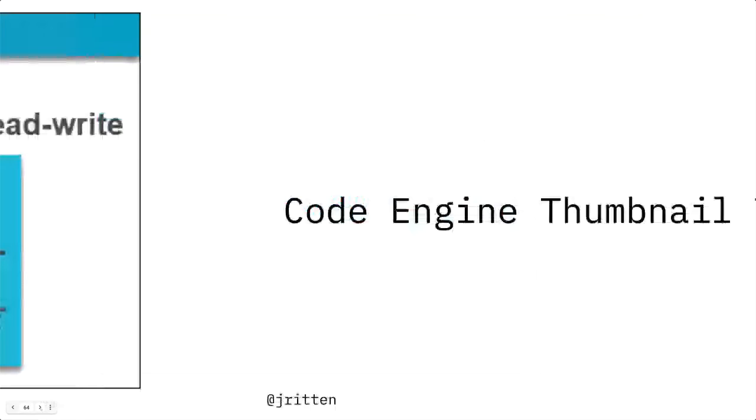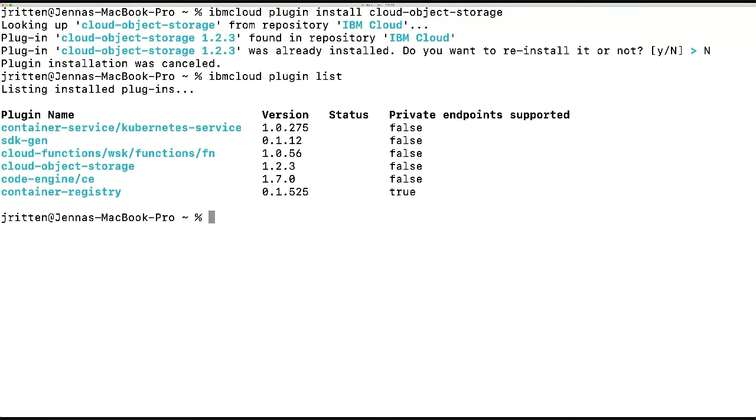Now that we have our dev set up, we're going to start our tutorial. So let me share my screen. There we go. Perfect. Okay. We're going to be working from the command line today. We did a lot from the Code Engine UI last week.